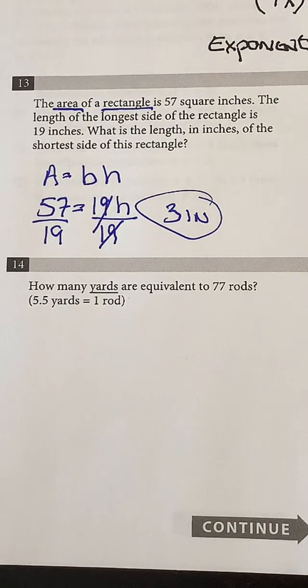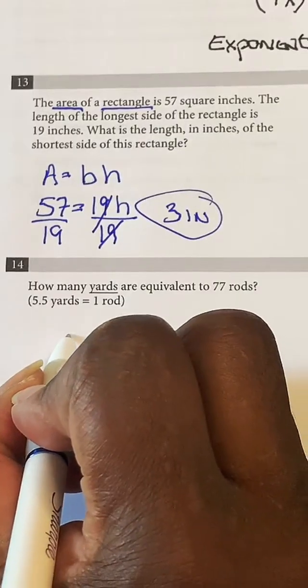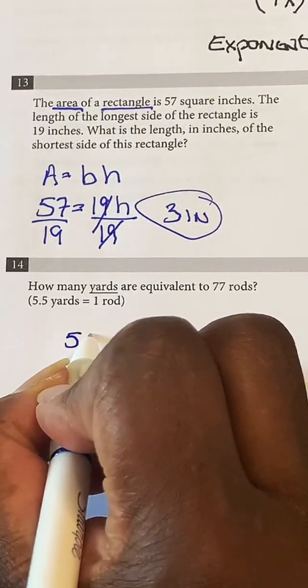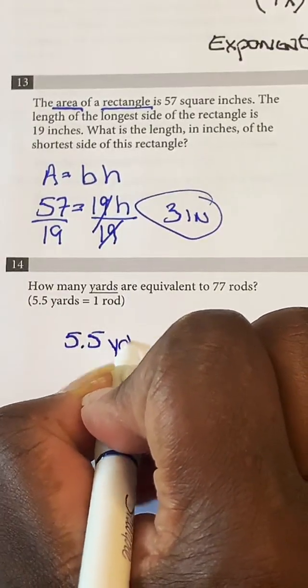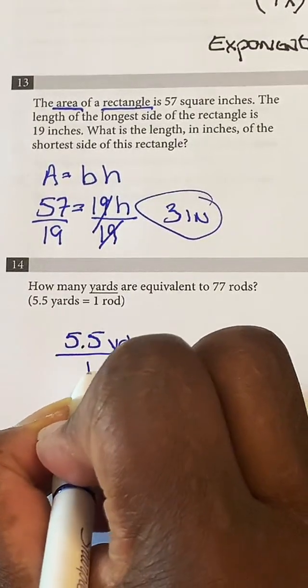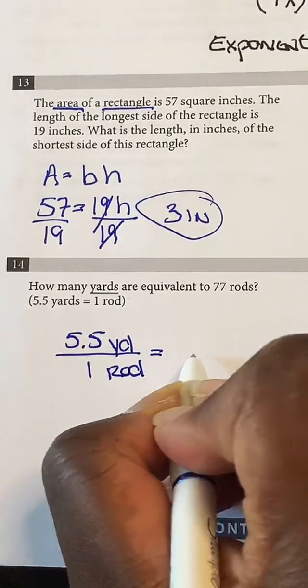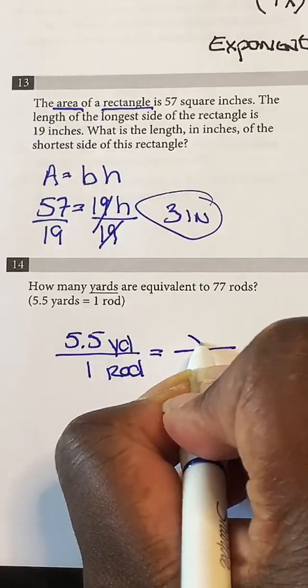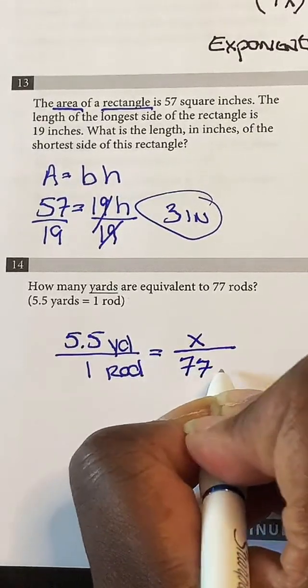So this is the thing. Are we multiplying or are we dividing? So we can do this. We can set up a proportion if you want to get that technical. So 5.5 yards is equivalent to 1 rod. We want to know how many yards is equivalent to 77 rods.